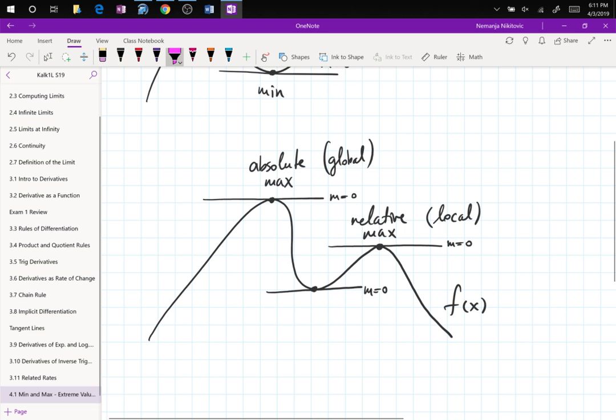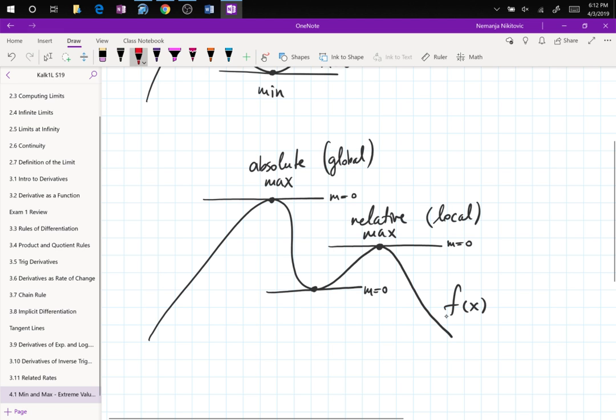Because I can pick a point right here, and that point has a higher y value than my maximum over here. So we call it a local max because in the neighborhood of that max, it is the highest point. But it is not the highest point of the entire function. Therefore, we differentiate between the local max or the relative max and the absolute or global max.